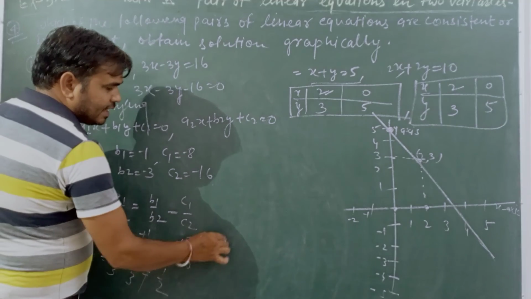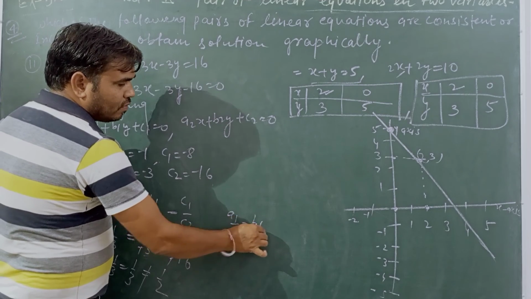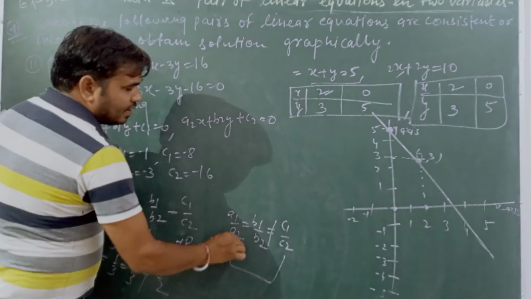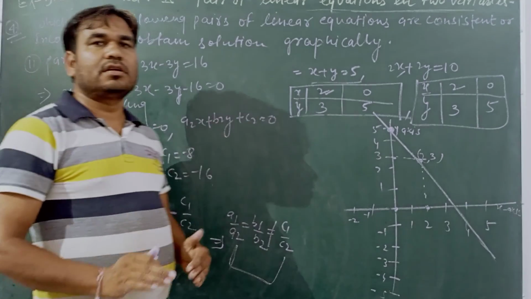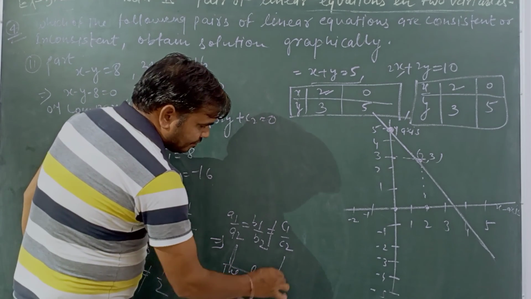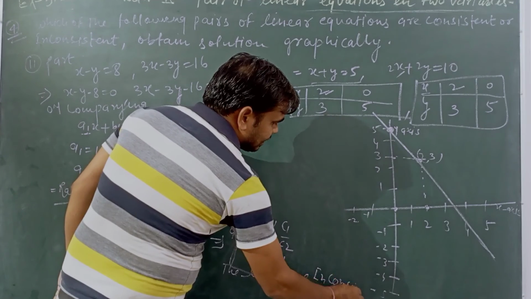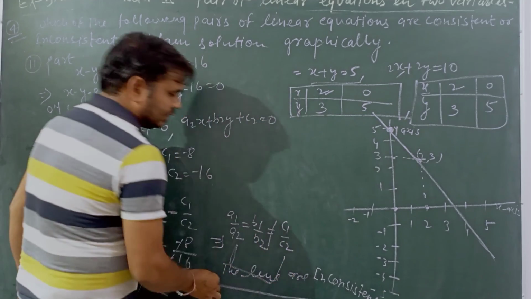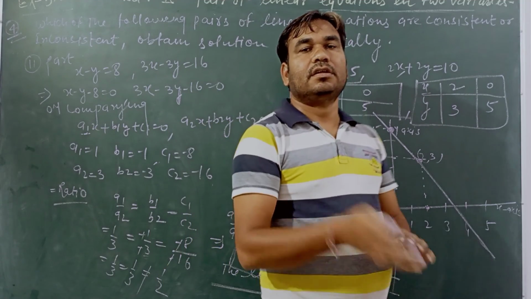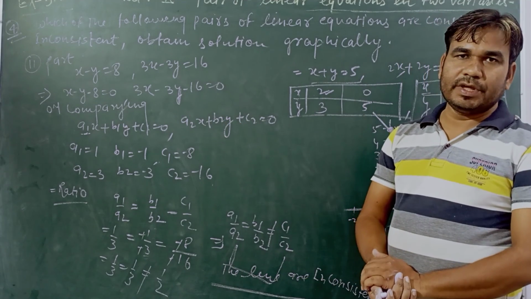It means the condition a1 over a2 equal to b1 over b2 not equal to c1 over c2 is satisfied, so the lines are inconsistent. It means they have no solution. Students, this is how you can solve the second part.